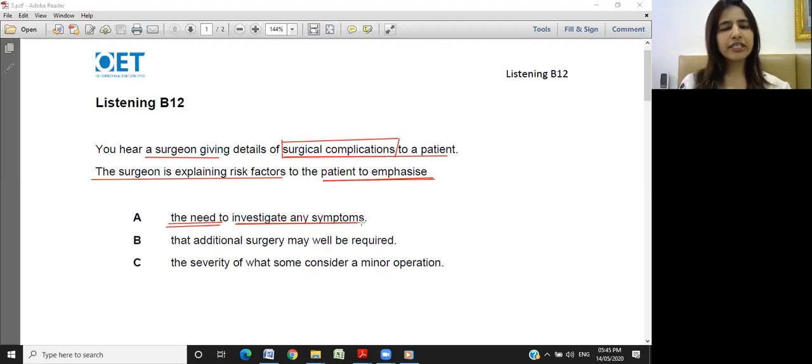Because what you have written here is not exactly how the surgeon is going to explain, right? The surgeon would not say there is a need to investigate any symptoms. Require any blood test, but it says symptoms. Investigate doesn't always mean doing tests. It says symptoms. Investigate any symptoms.